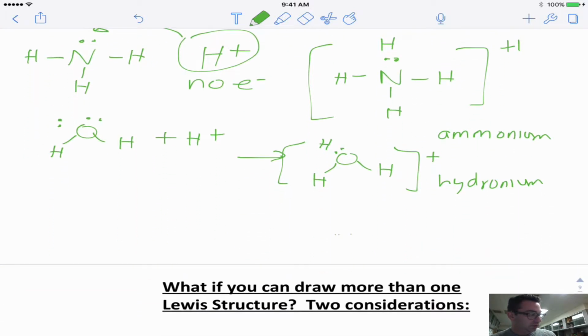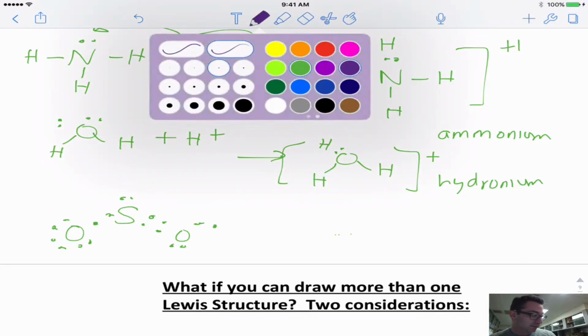But we can also see coordinate covalent bonds where they're not as clearly shown. For example, I could have a situation where I have SO2. If I draw it out with dots, we have a double bond and a single bond. If I start assigning electrons, where are these electrons coming from? Which oxygen is giving which electrons? I'll do that with a different color, let's say purple.